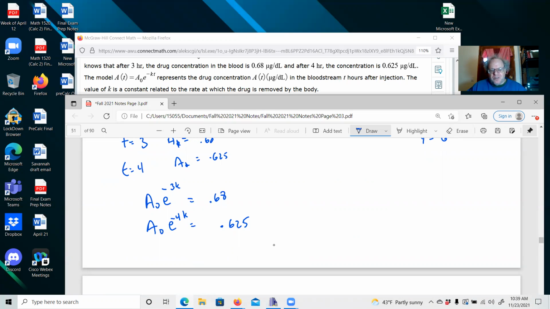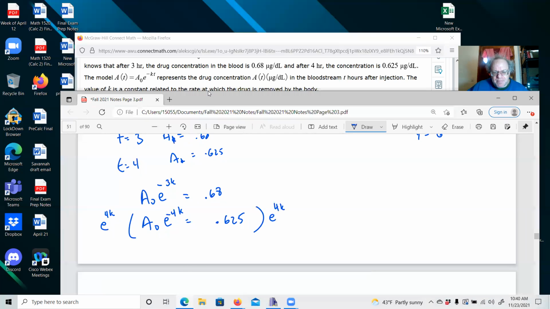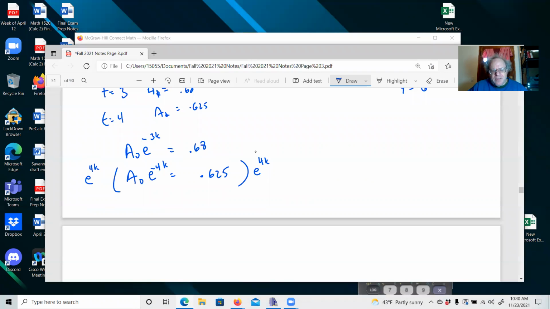So we have these two pieces here, right? A sub 0 equals that, a sub 0 equals that. Why don't we go ahead and multiply both sides here by e to the 4k? E to the 4k times e to the negative 4k, that's going to be e to the 0, because we add the exponents.